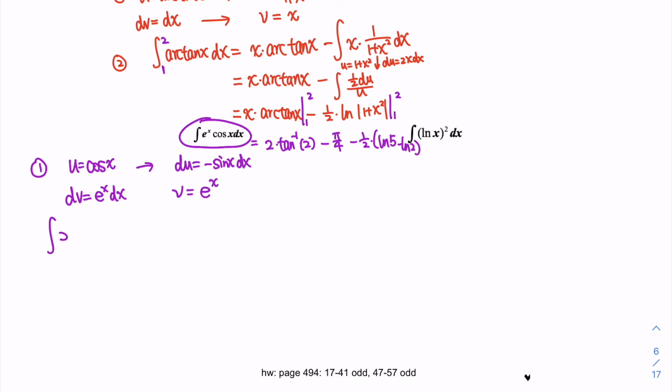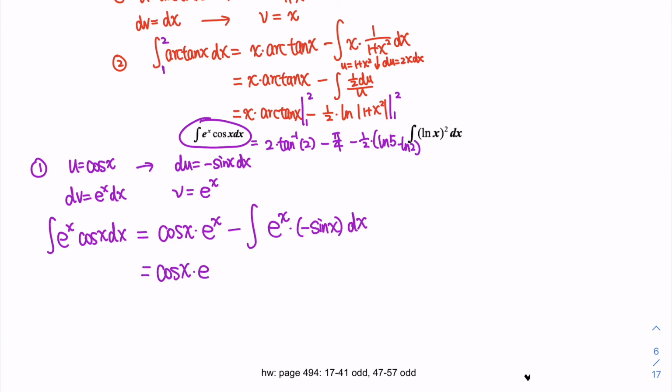So the original problem, the integral of e to the x cosine of x dx, will be u times v, cosine of x times e to the x, minus the integral of v du, e to the x times negative sine of x dx. This gives us cosine of x e to the x plus the integral of e to the x sine of x dx. Now it becomes similar to before. We have to use integration by parts again.